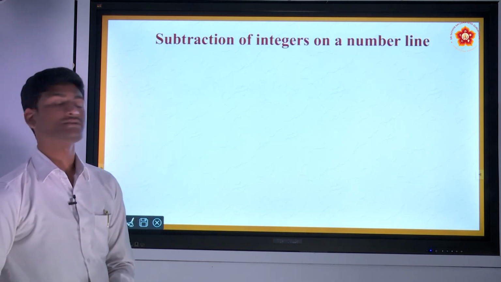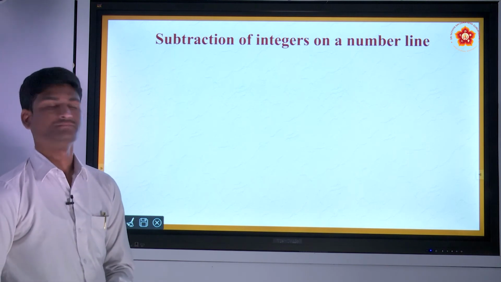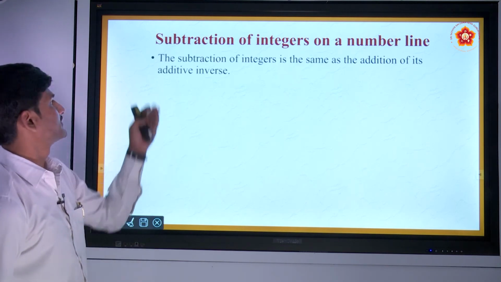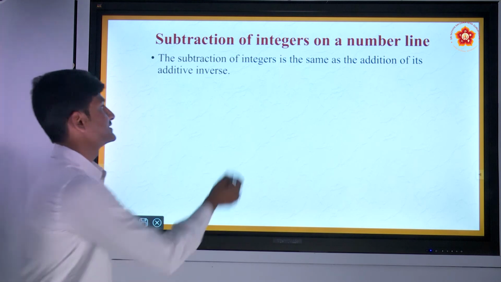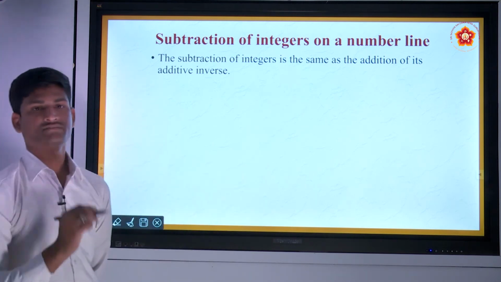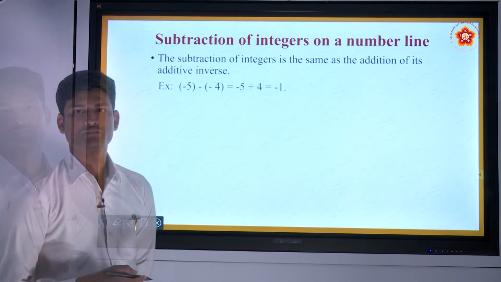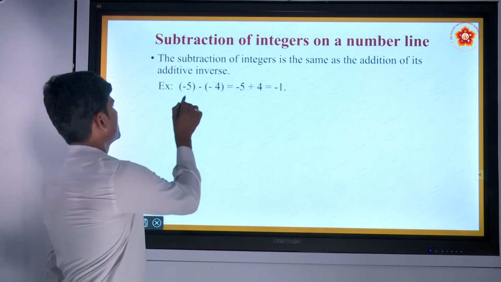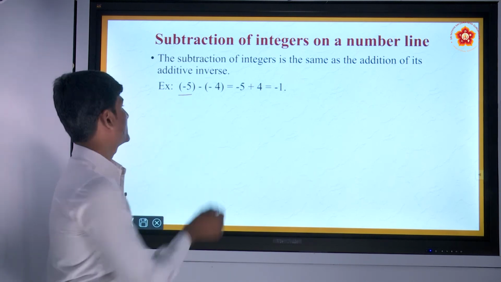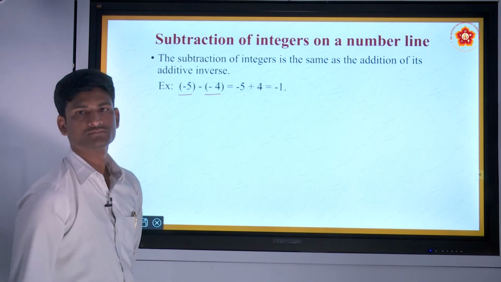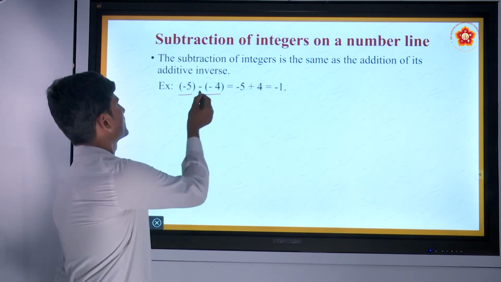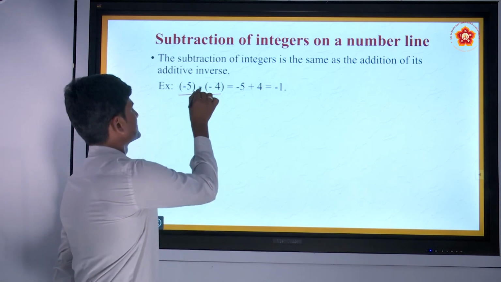Then subtraction of integers on a number line. Here the subtraction of integers is the same as addition of its additive inverse. I take one example, minus 5 minus 4. Subtracted means minus, right?